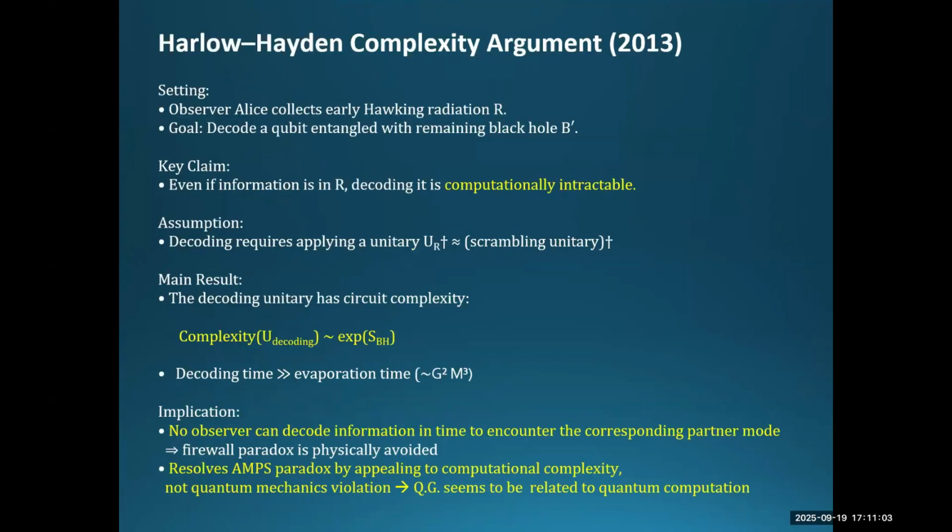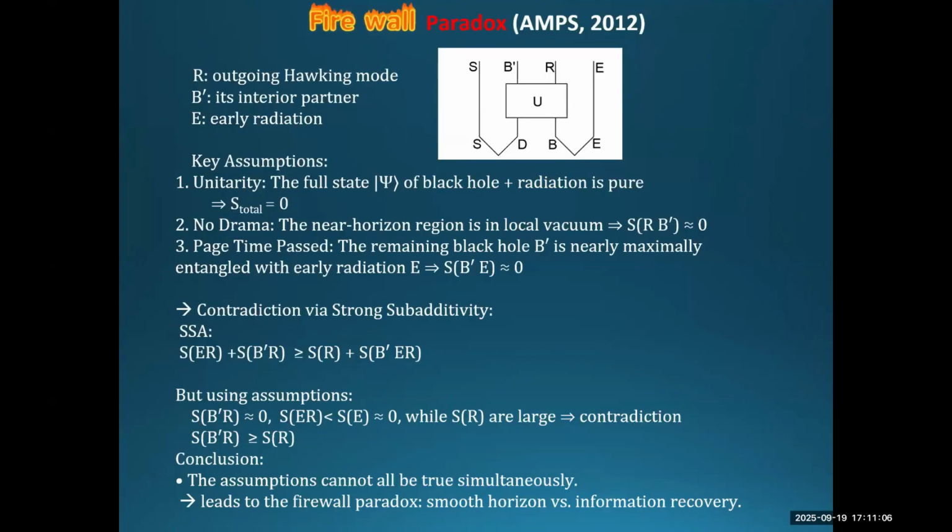So do you mean that you can resolve the firewall problem by this language? You just state what the firewall problem is. If we accept these three assumptions, there is a contradiction from monogamy of entanglement.